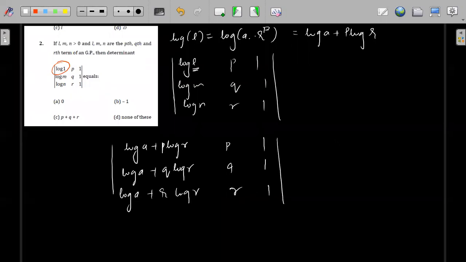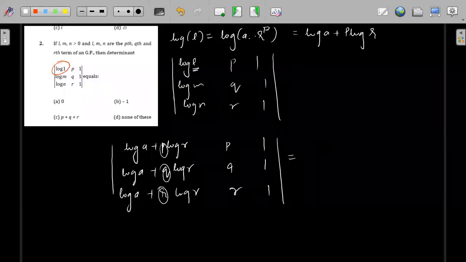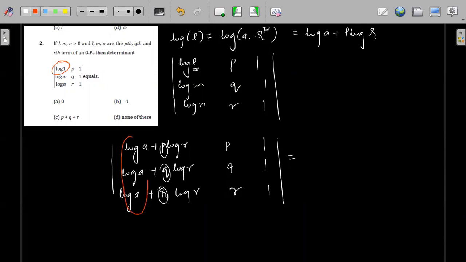Now, because we have P, Q, R here the same, we can break this whole determinant into two forms. One determinant will be formed by removing this part, the other determinant will be formed by removing that part, right?